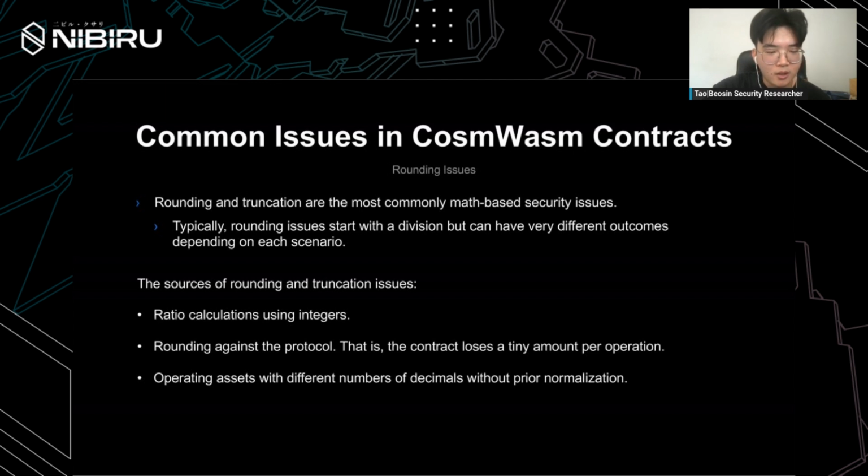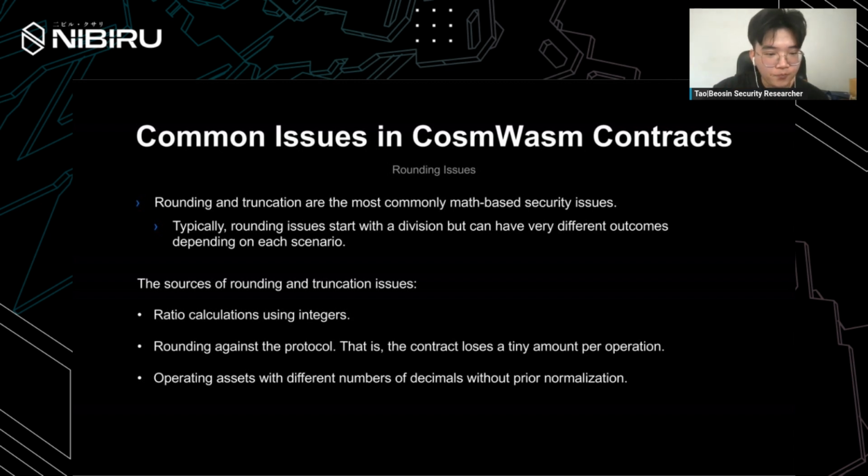The reason that rounding and truncation issues exist may be one of these three scenarios. The first one is when you do ratio calculations using integers. That's the most common case where rounding or truncation issues exist.